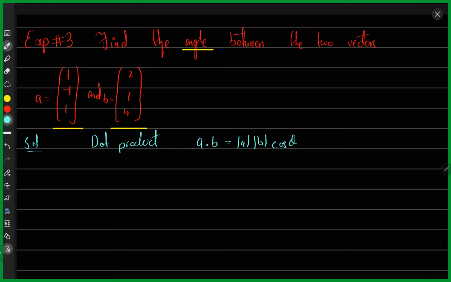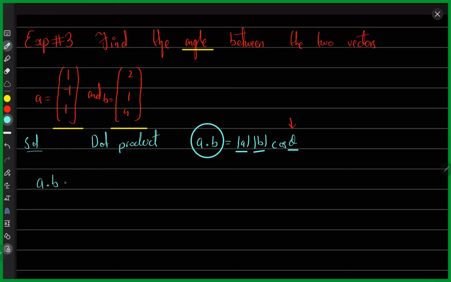This is one formula. And then the second formula is that if I multiply the x with x, y with y, and z with z. So I have theta here. I can use the other formula to find out the dot product. I'll find out this, and then I am going to make theta the subject to find out the value of theta. So let's get started.